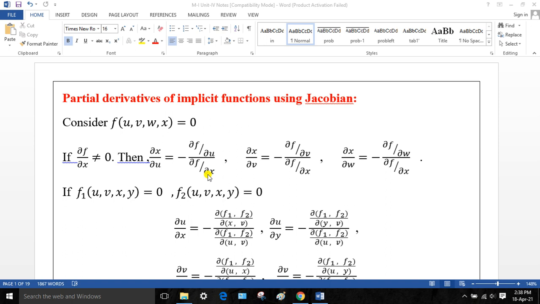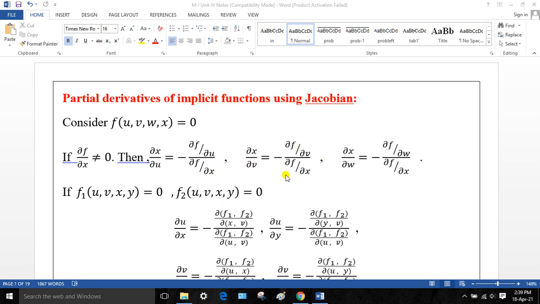So how to remember this formula? First take the negative sign, the entry of del f first, then the denominator, you have to write here del u, and here the denominator is del x. Suppose I have to find del x by del v. Again, the same logic we will apply. I take the negative sign, then the entry of the function.